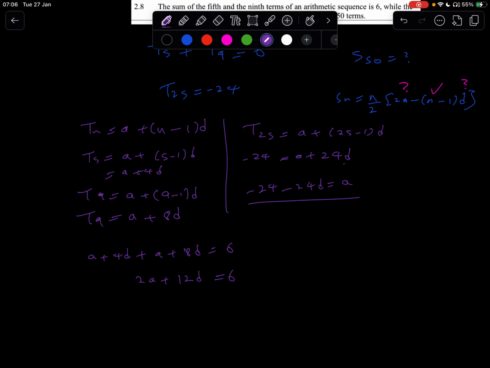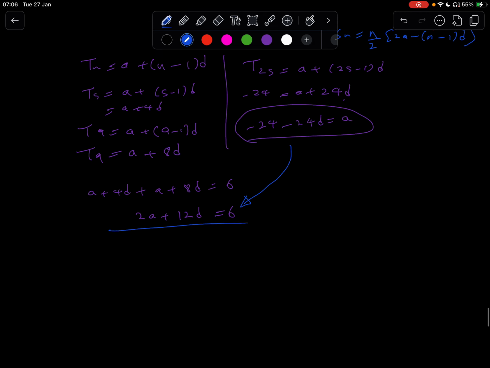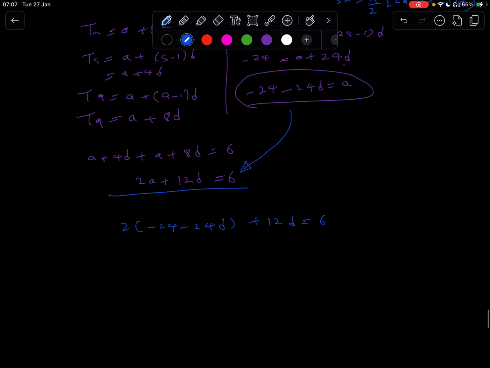We take that to the left hand side, and then we substitute this into this equation, and we get 2 into negative 24 minus 24d plus 12d equals 6. Negative 48 minus 48d plus 12d equals 6.